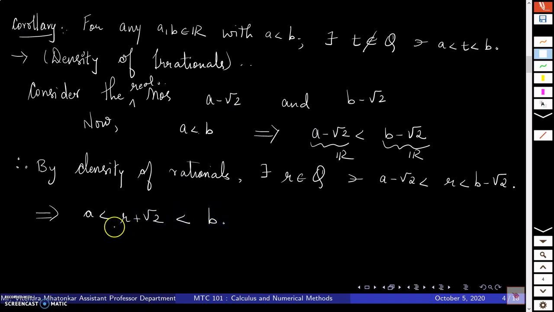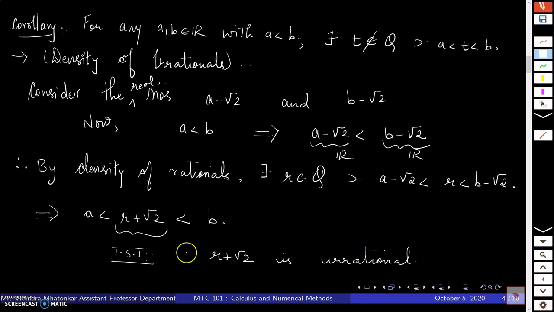So we have found one number now between a and b. r is rational and we know that root 2 is irrational. So their sum should be irrational. That is what we have to show now. We have to show that this number r plus root 2 is irrational. Once I do this, I'm done. I'll give this a name.